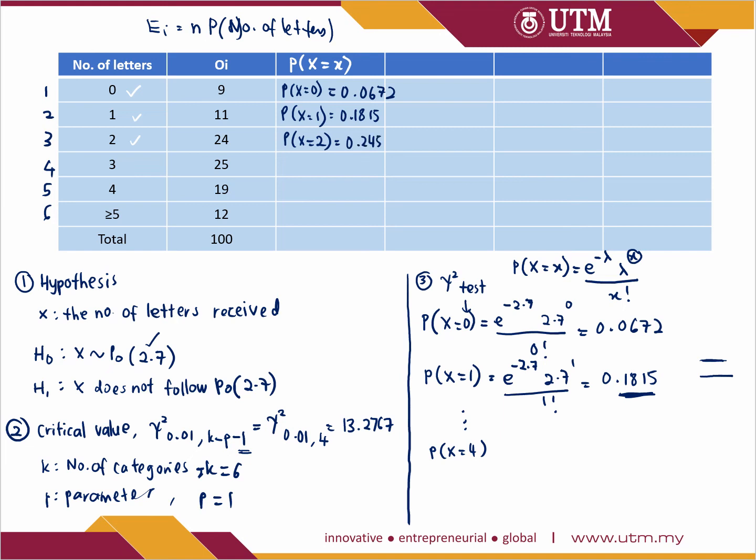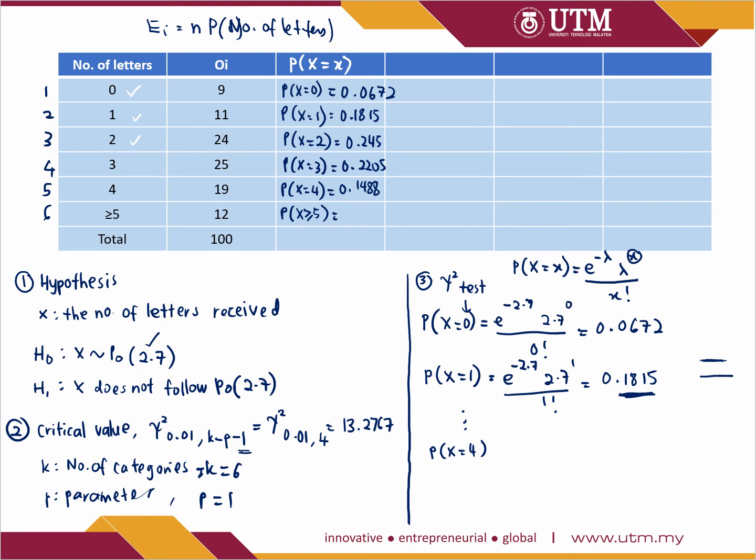0.245. X equals 3 would be 0.2205. And the last one, x equals 4, which is 0.1488. Okay, so for x greater than or equal to 5, it will be different from the rest of the categories. So how can we find this?